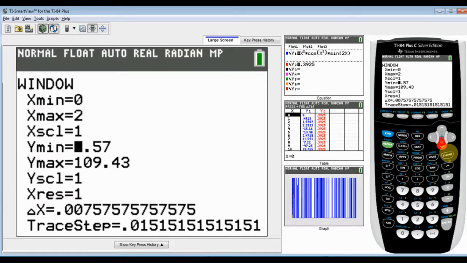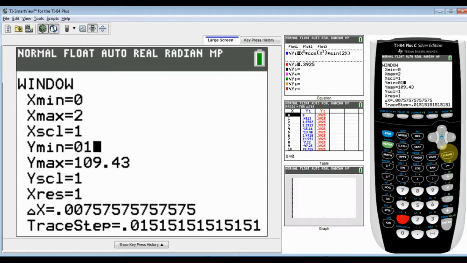What should be my y minimum? What y value am I concerned with the most here? 0.3925. 0 to 1 will work. Whatever I use, I need to make sure I capture 0.3925.